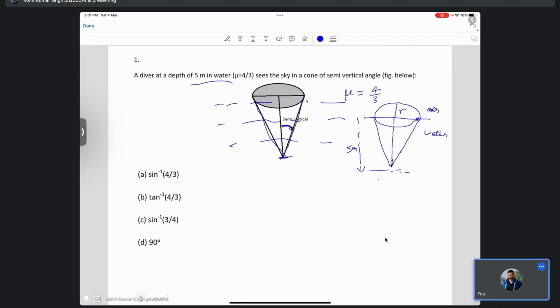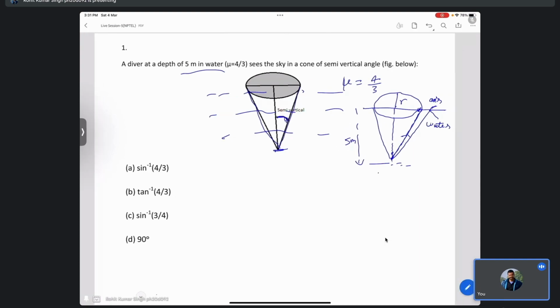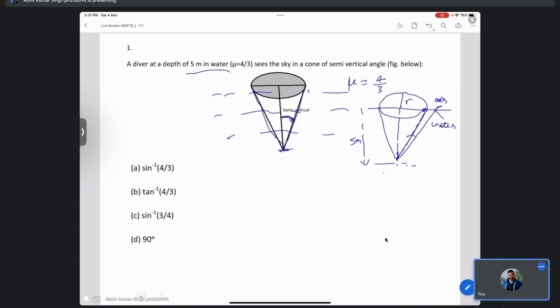That means the light after this line is getting totally internally reflected. This light is not going out, or you can think of it this way, that the light from above is not coming inside.